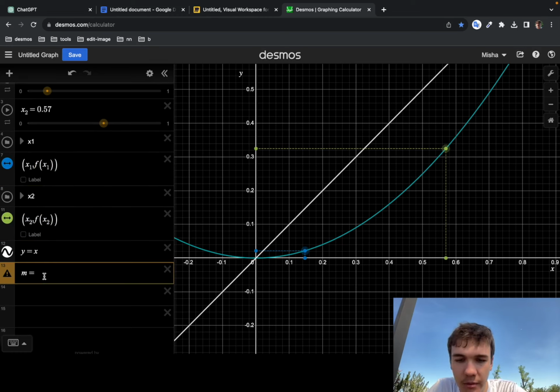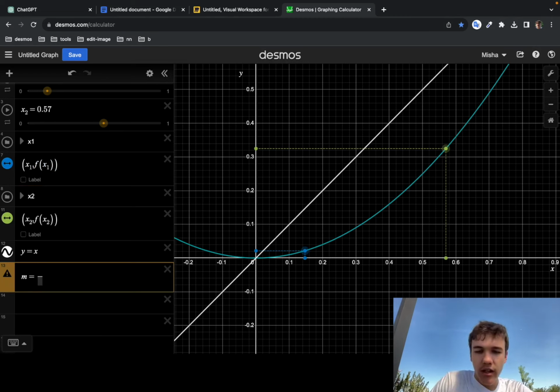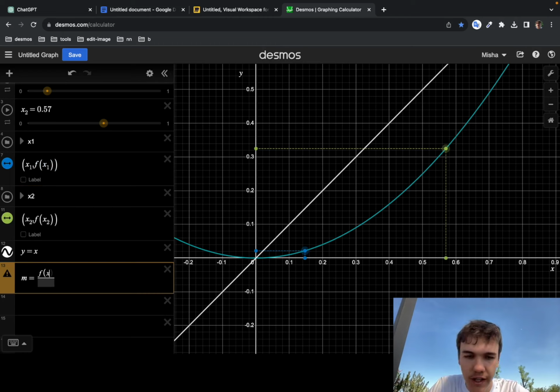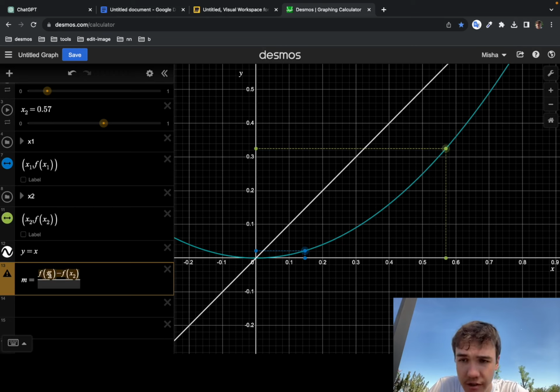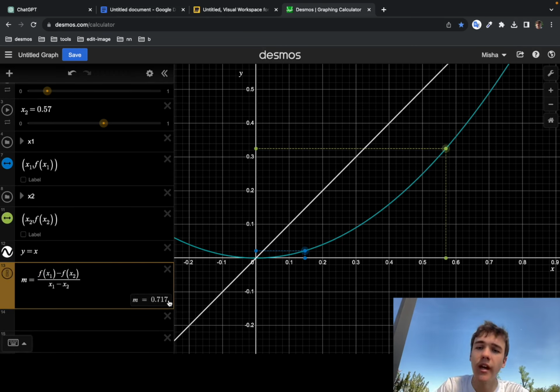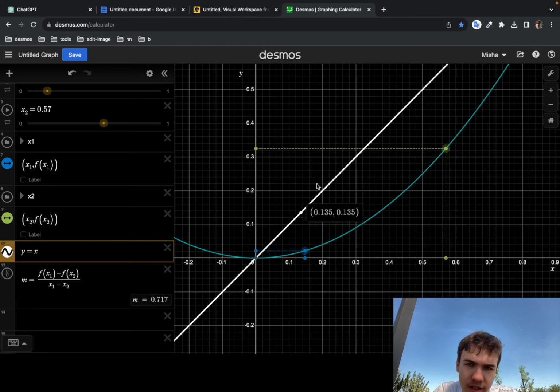So first, f of x1 minus f of x2, and these are our y's. So this is y1, this is y2, and then this is divided by x1 minus x2. Okay, and now we get our slope. Here we are. So now we have the simple slope, which is 0.45.